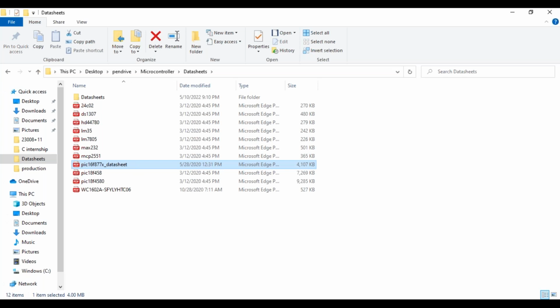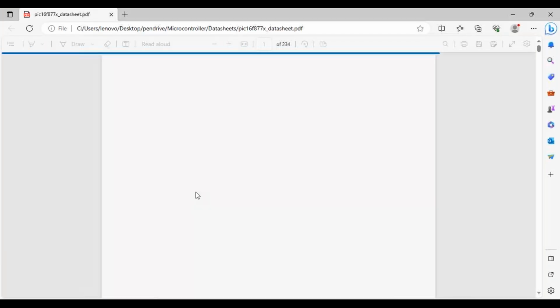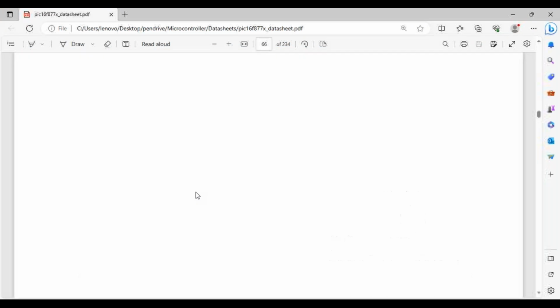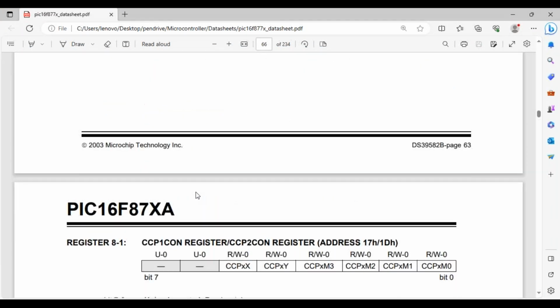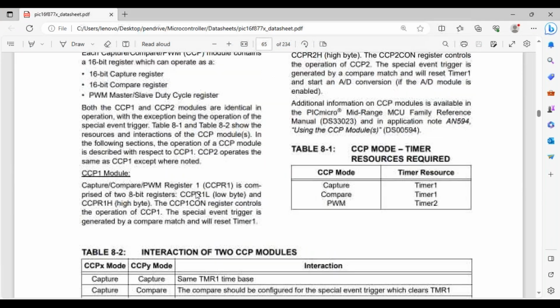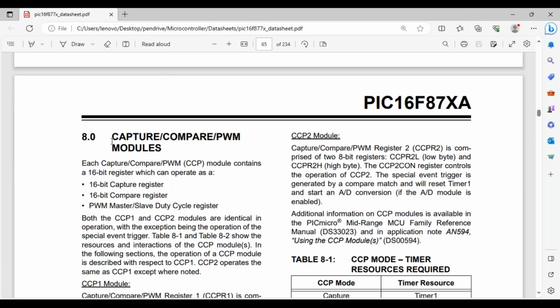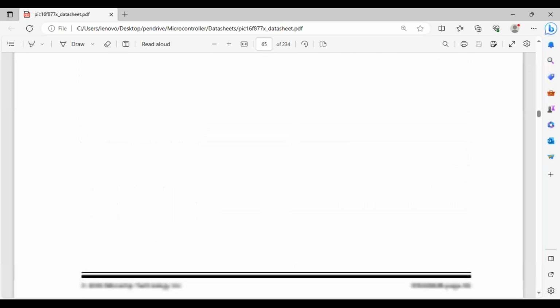Now, as we got to know yesterday, we started with the configuration of the built-in block of our microcontroller, the PIC16F877A. It has a common module called the CCP module. CCP stands for Capture, Compare and PWM module. All three modules are commonly taken, and we are focusing only on the pulse width modulation module.